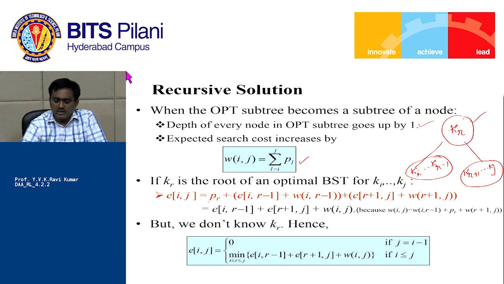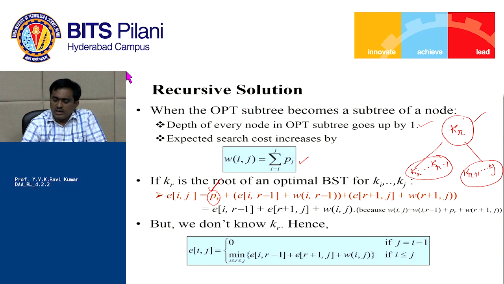So e[i,j] involves, first, starting the search with the root, so we search first with the root r. Here p_r is the cost incurred for searching the root r.